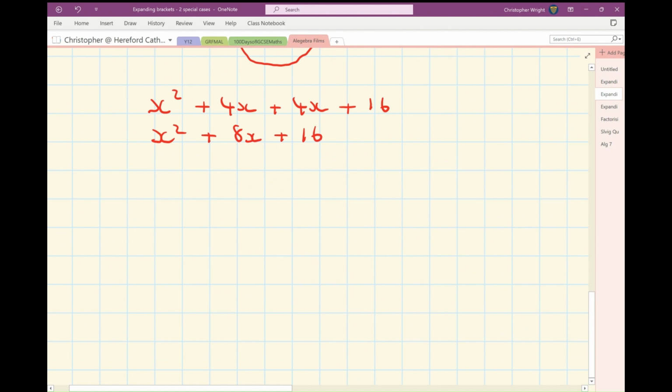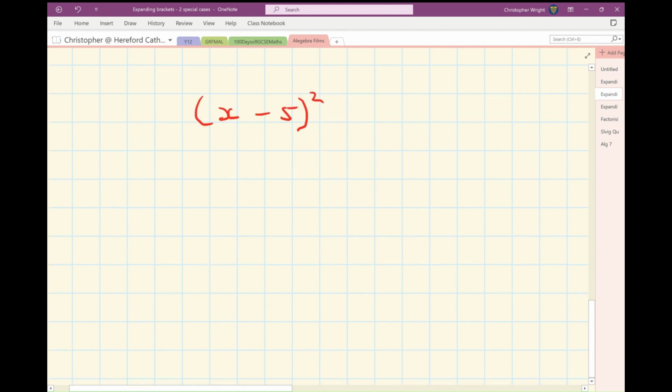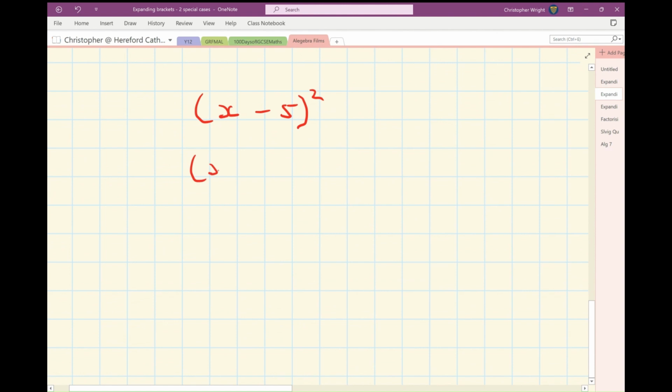Okay, have a go at this one. Let's do x minus 5 all squared. Pause the film now and have a go. Okay, so I'm going to write this down as x minus 5, lots of x minus 5. Right, so I'm going to have the x times the x, which of course gives me x squared.